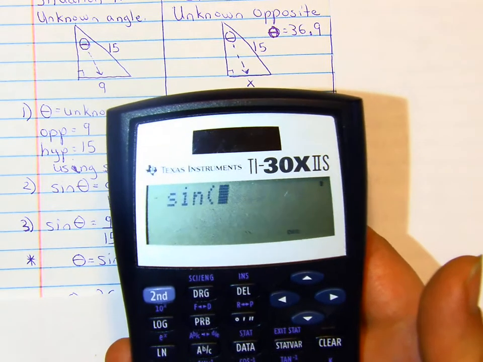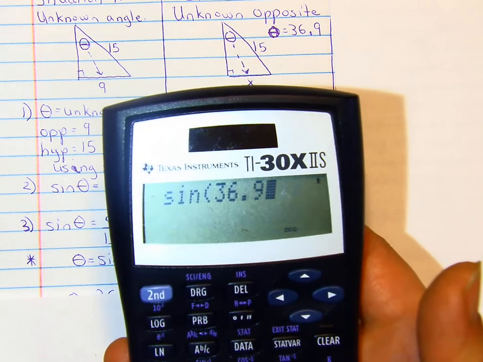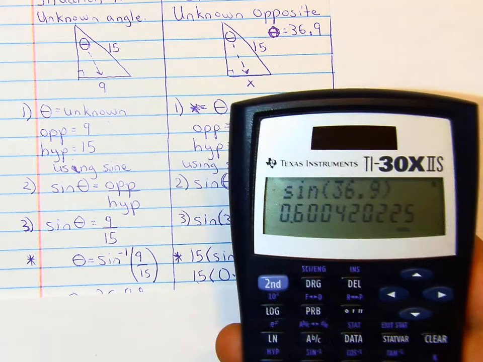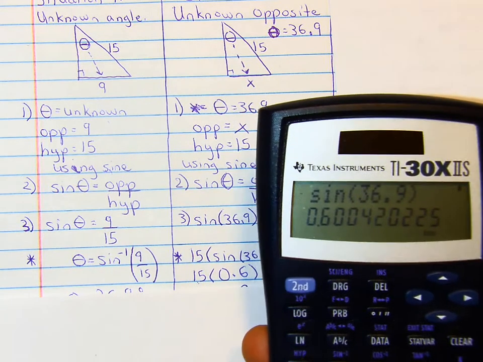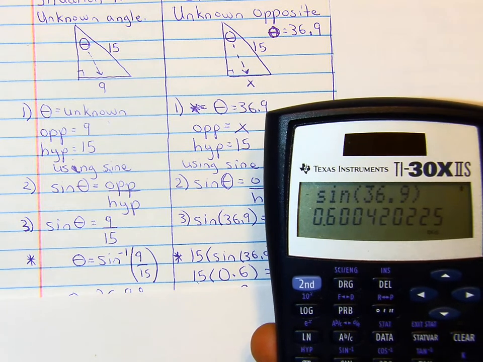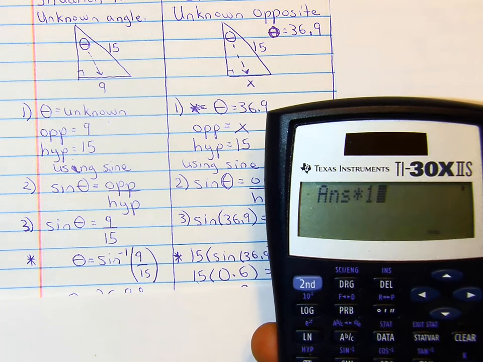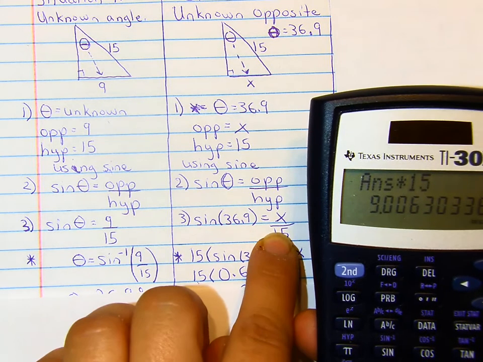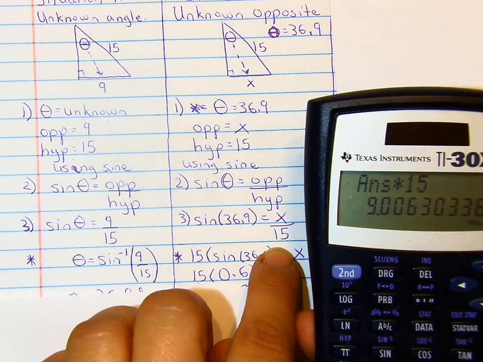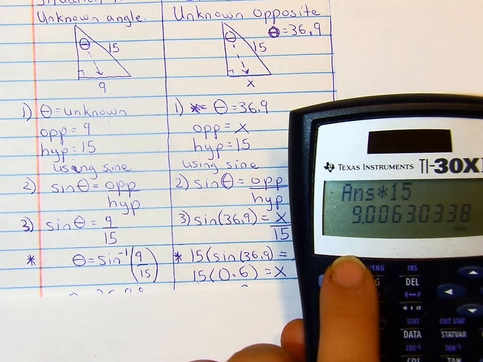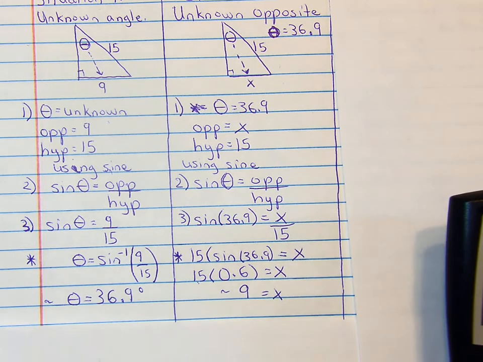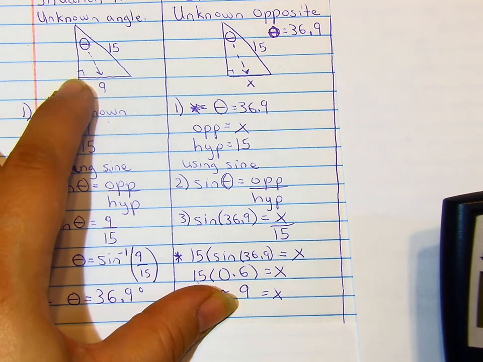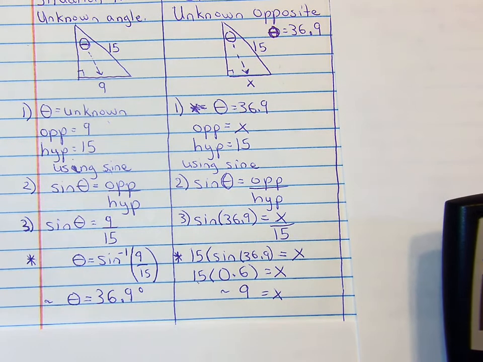So if you go to your calculator, just so we can see, sine 36.9, enter, and you'll see I basically come to 0.6. So I'm going to do that times 15, because I multiplied. The opposite of division is multiplication. And I get 9, which we know from our previous example was the number we're looking for, and is correct.